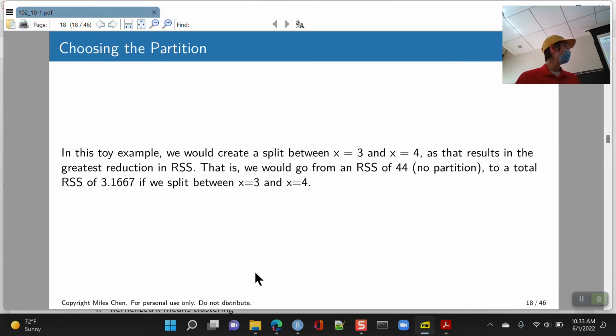That's the one that's going to reduce the RSS from 44, which is our null model, no partition, predicting the mean for everybody. If we create a split between 3 and 4, it'll drop our RSS down to 3.1667, which is a pretty significant reduction in RSS. And that's just by having 2 unique values to predict. We're either going to predict 1.67 or 7.5.